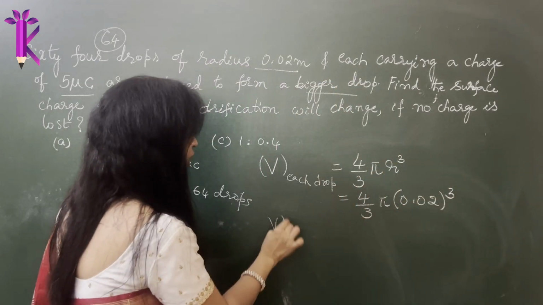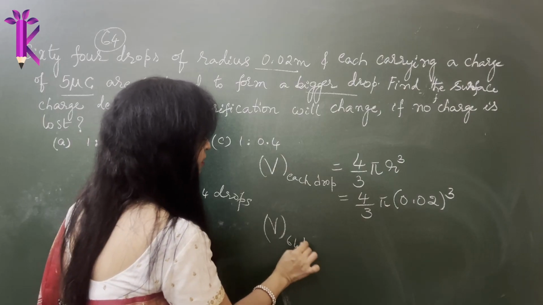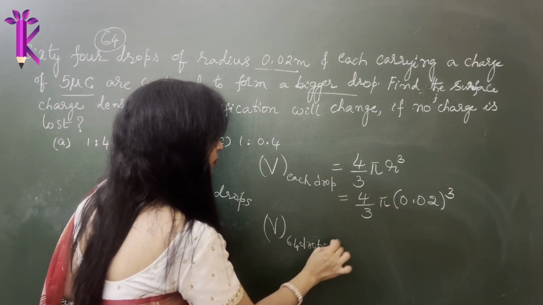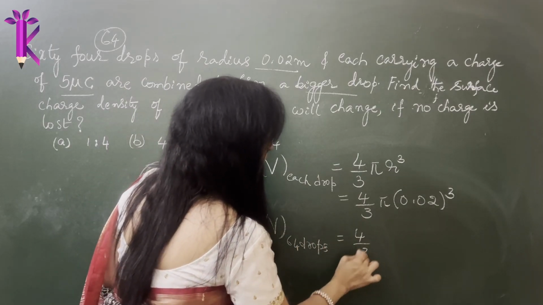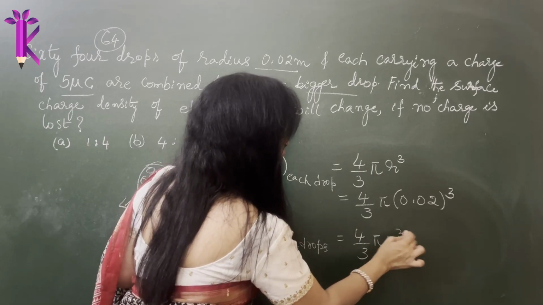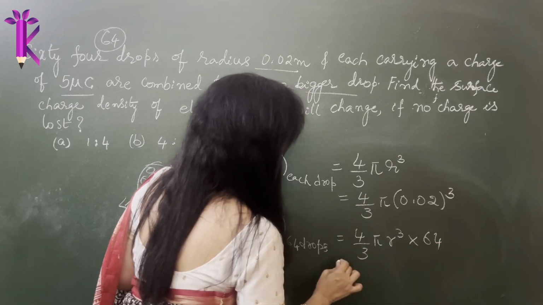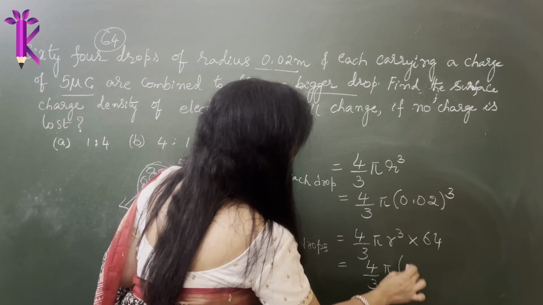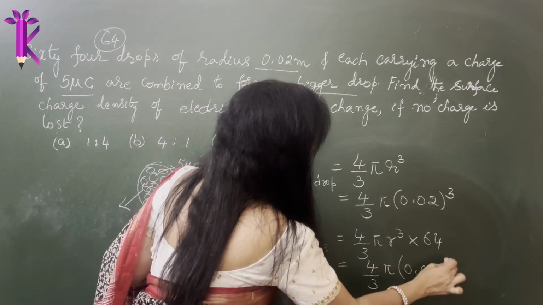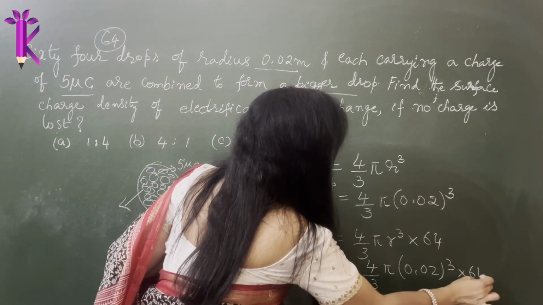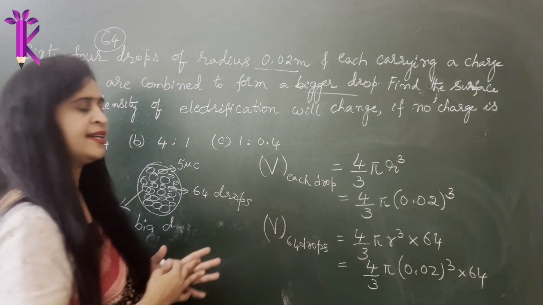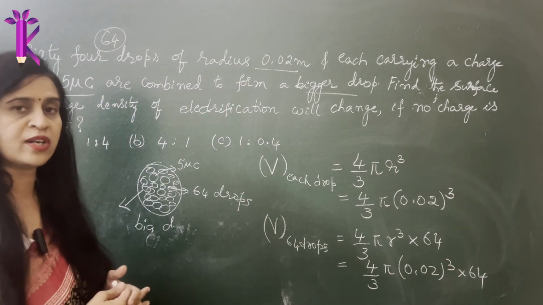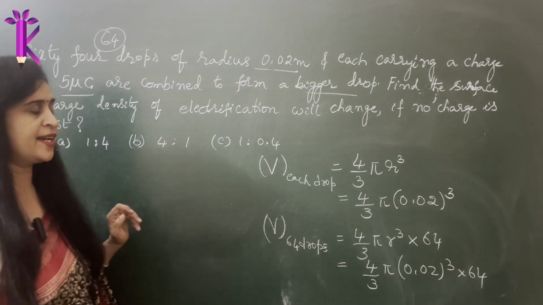So what will be the volume of 64 drops? That will again be 4 by 3 pi r cube multiplied by 64, which is 4 divided by 3 pi times 0.02 the whole cube multiplied by 64. Now from this, let's figure out the radius of the bigger drop. I hope you are able to figure it out.